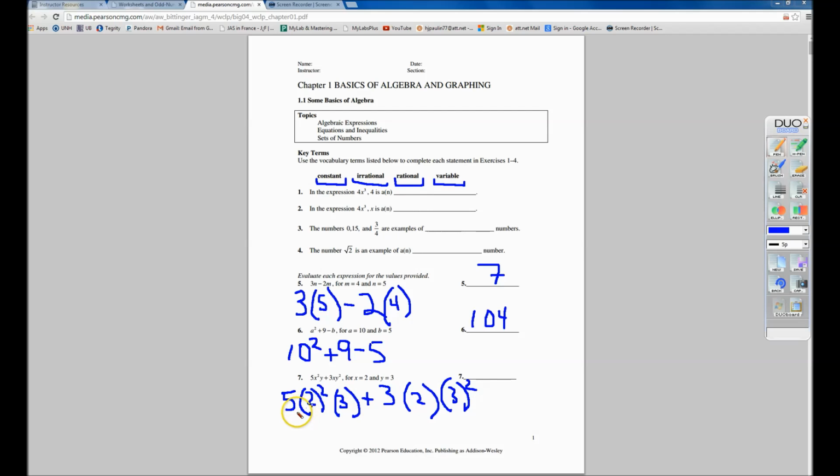Again, we're trying to show you a strategy of putting them in parentheses so it really makes it clear what you need to do.